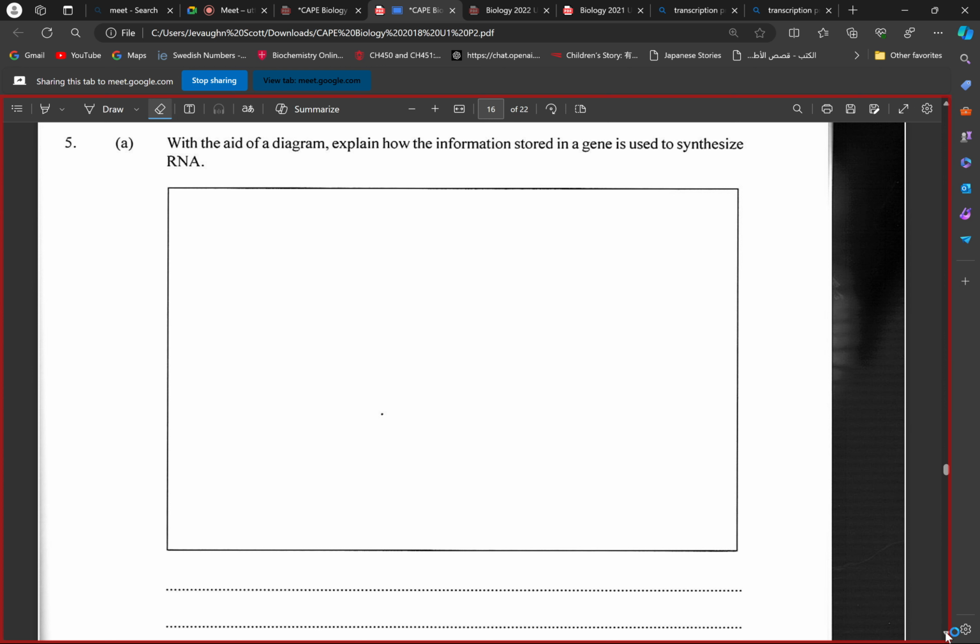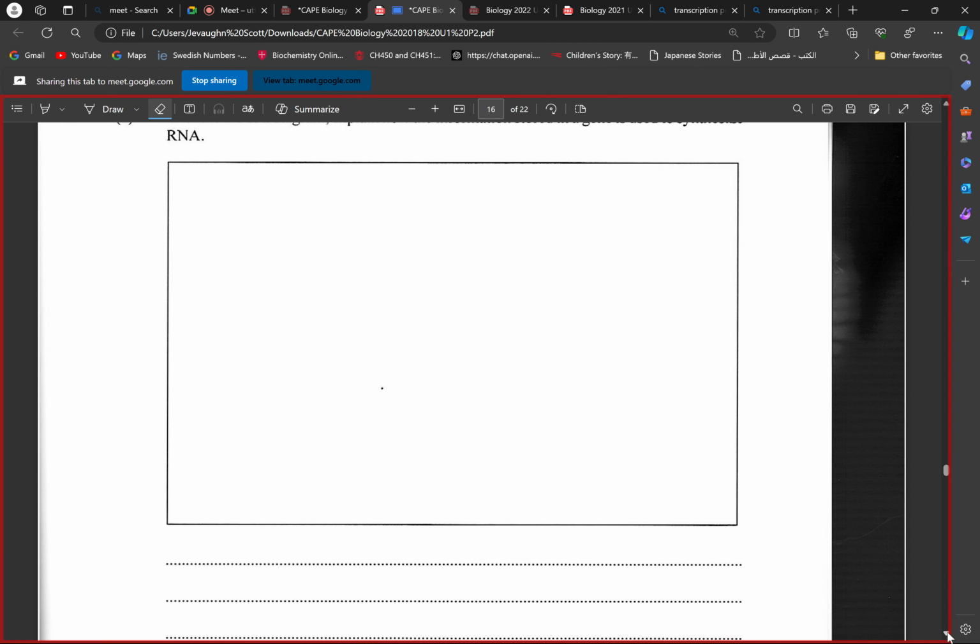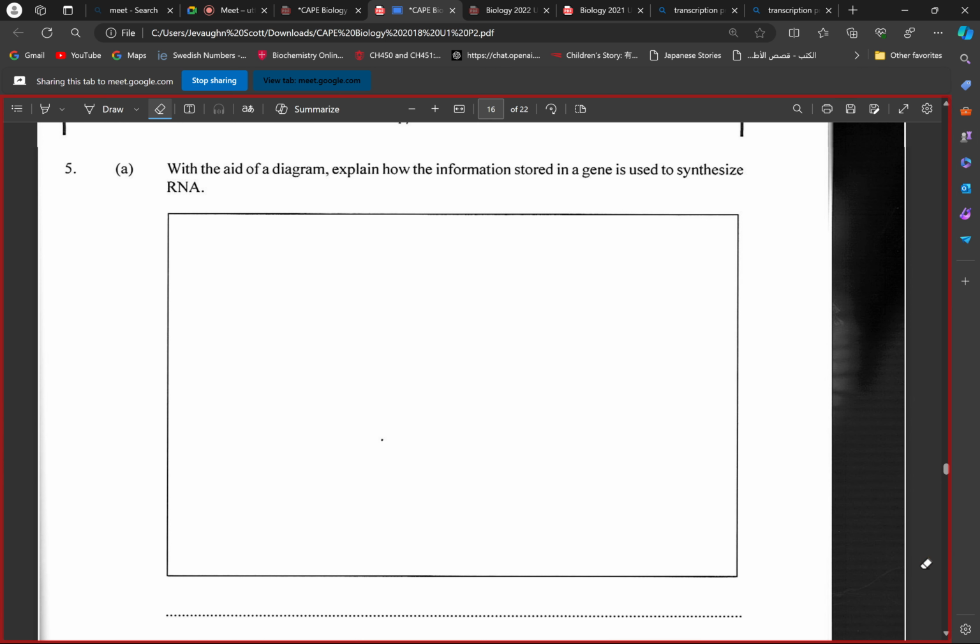The sequence has a specific code which the RNA will now provide to the creation of proteins within protein synthesis, etc. So basically, just describe how the information is used to synthesize RNA, right? The RNA strand that is produced will be directly in relation to the DNA nucleotide sequence. So you just need to speak about those things. And I think this question, oh my, 10 marks.